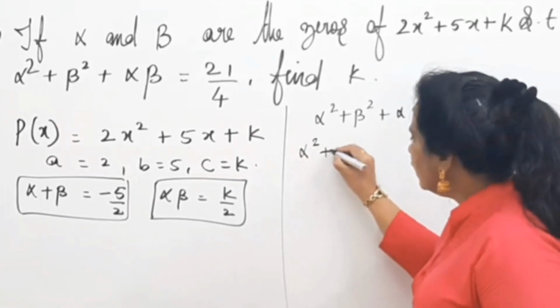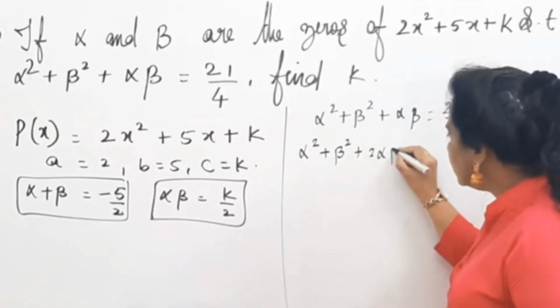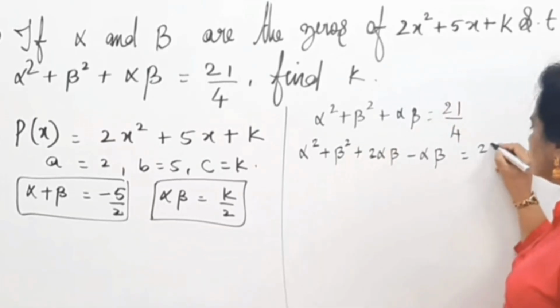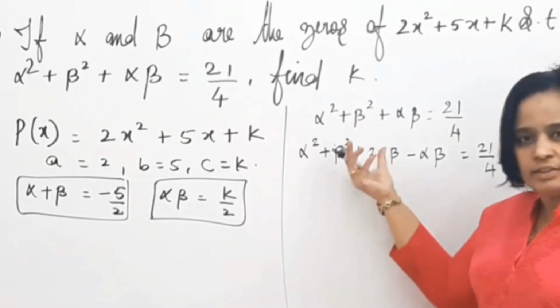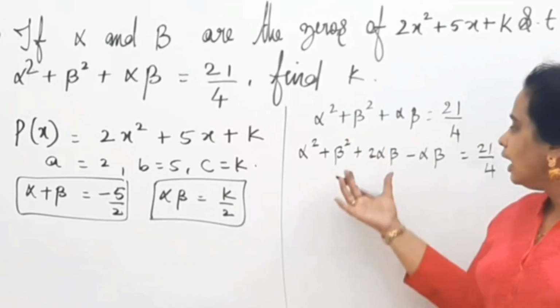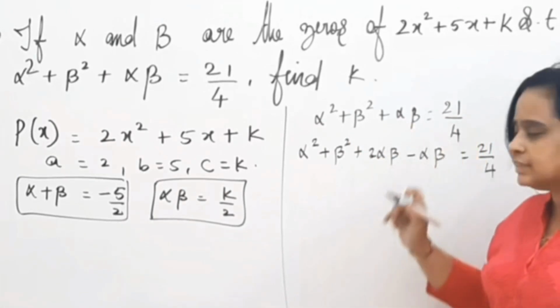Suppose I rearrange these terms as plus 2 alpha beta minus alpha beta is equal to 21 by 4. It is satisfied, the equation doesn't get any value changed. I got plus 2 alpha beta minus 1 alpha beta is plus alpha beta.